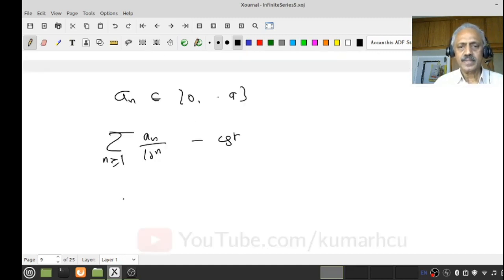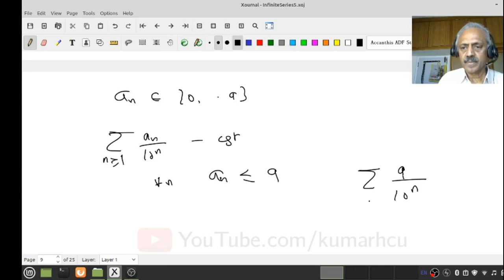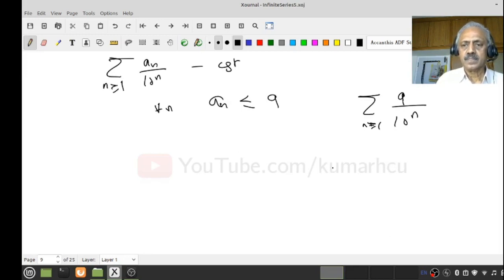Yes. Why? Again, I do comparison. Each an is less than or equal to 9 for all n. Therefore, let me look at the series, summation of 9 by 10 to the power n, n greater than or equal to 1. I can take the 9 out, so it will be 1 by 10 to the power n, where n is greater than or equal to 0.